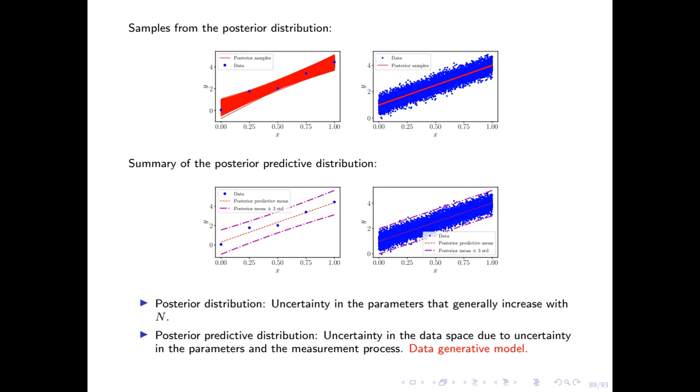If we wanted to generate new data, if we wanted to use this as a generative model for the data we have observed, we would have to use the posterior predictive distribution, which is shown here. It stays the same. It's also affected by the uncertainty, but for all practical purposes it doesn't shrink like the top distribution does.